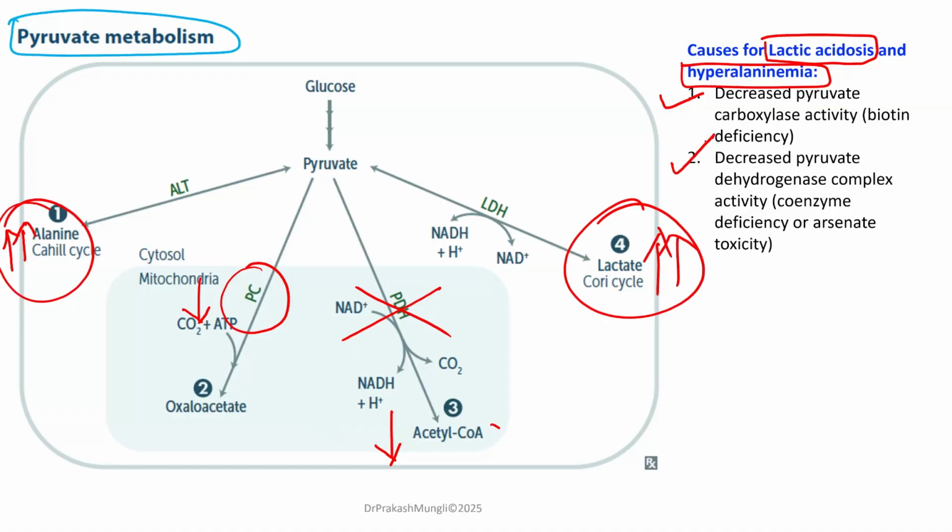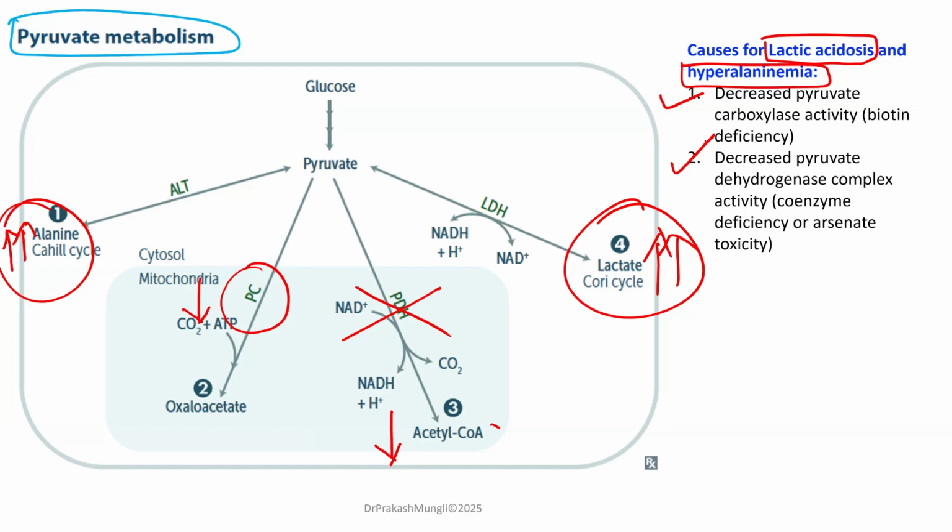So that is why I have written down here, the second cause for lactic acidosis and hyperalaninemia is decreased pyruvate dehydrogenase activity, coenzyme deficiency, or arsenate toxicity. Whatever affects pyruvate dehydrogenase complex will lead to lactic acidosis, hyperalaninemia.